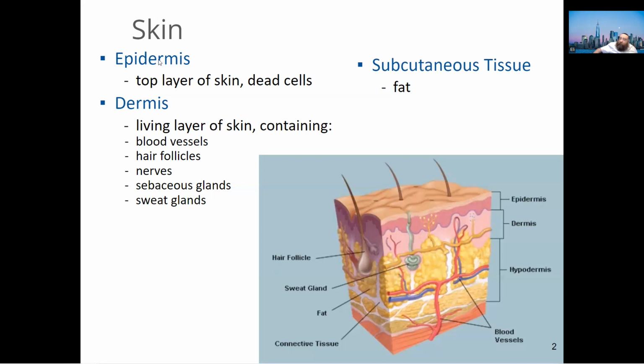It's called the epidermis. This is the highest layer of the skin. The dermis is the middle layer, and in the dermis, there are many different things. There's blood vessels, hair follicles, nerves, sweat glands, all that is going on here in the dermis.